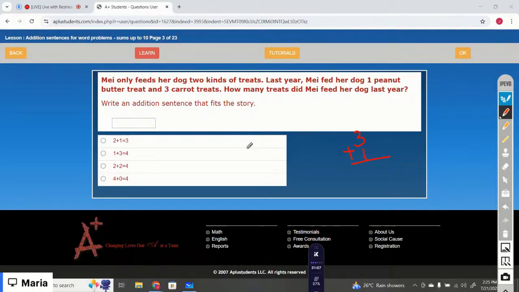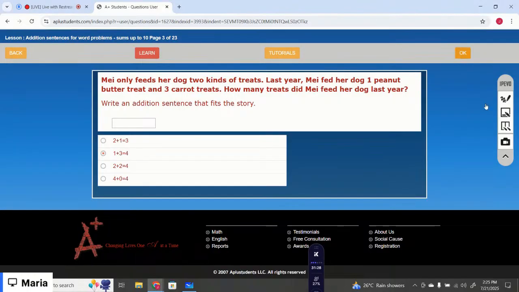So 3 plus 1 equals 4. Option number 2 is the correct option. That is 1 plus 3 equals 4.